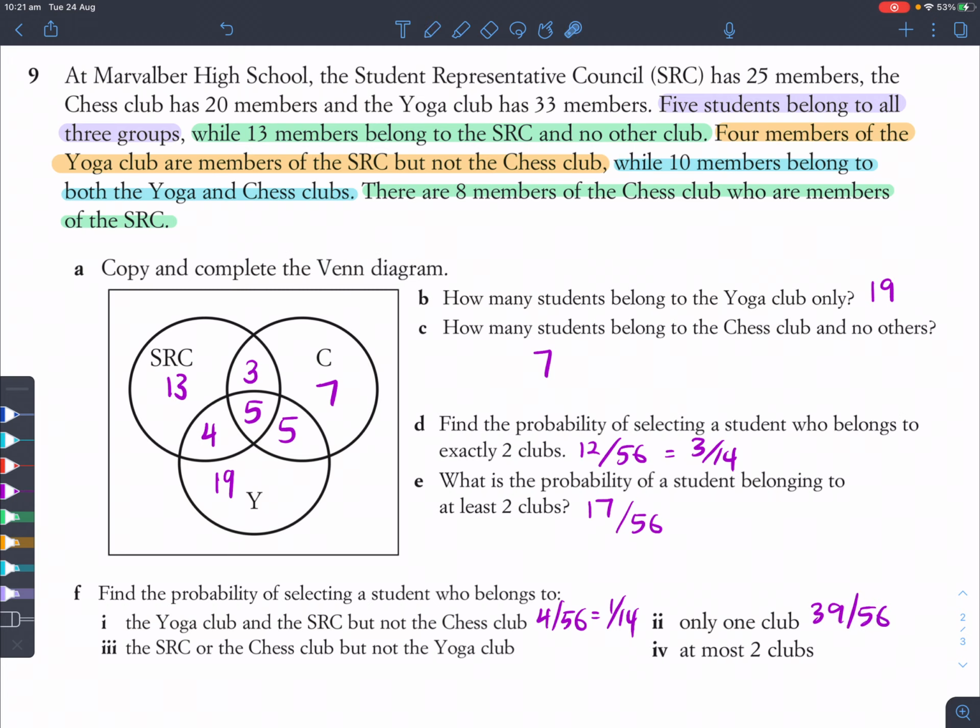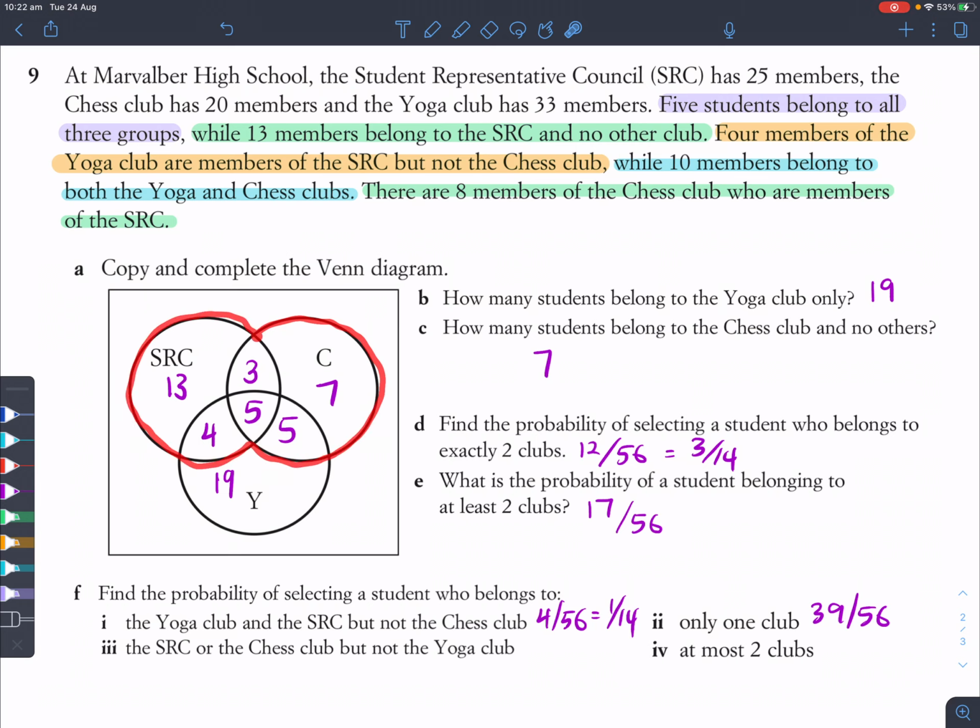Part 3, the SRC or the chess club, but not the yoga club. So SRC or the chess club. Now just be aware that it says or, which means that we count everything inside these circles. So it's all of these, okay? Let me just outline it this way instead.